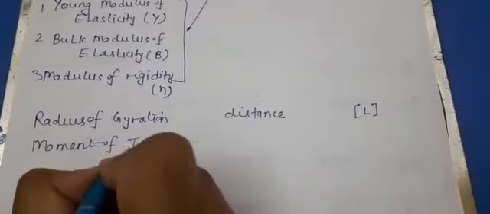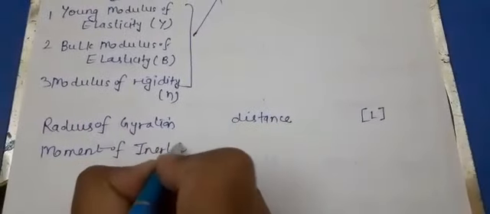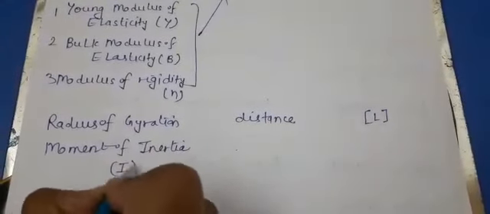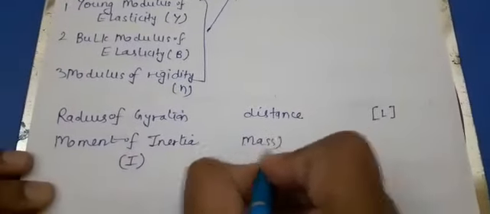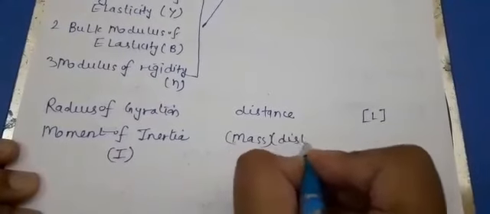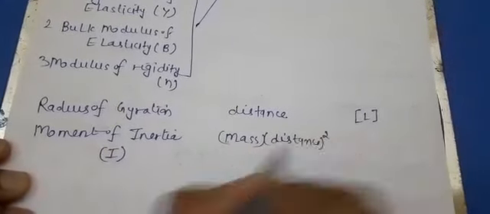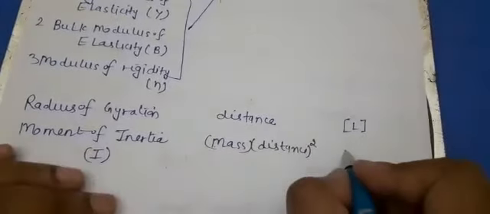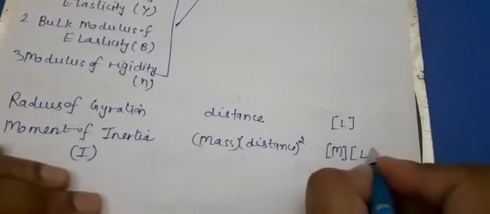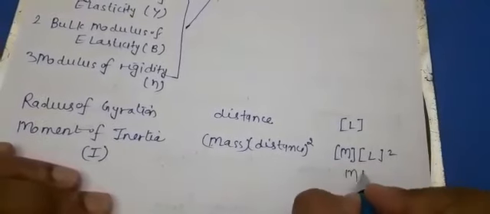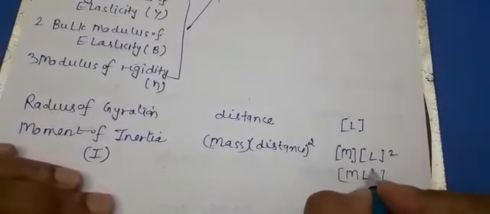Next is moment of inertia. Moment of inertia, symbolically we represent it by I. And its physical formula is mass into distance square. So mass having dimension formula M, distance having L, and its square is there, so you can combine it as M L squared.